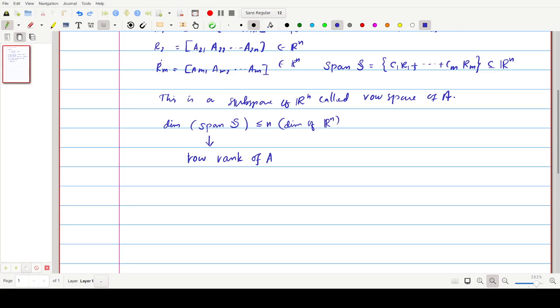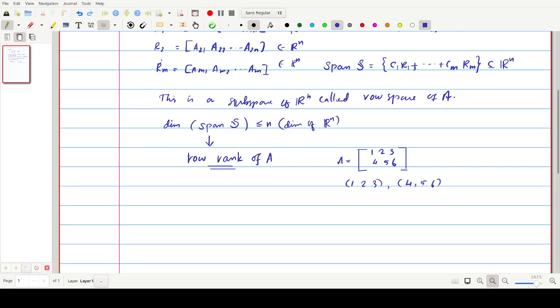Okay, so this is the definition, and we have an example. We consider A equal to the matrix with rows 1, 2, 3 and 4, 5, 6. We consider the two rows 1, 2, 3 and 4, 5, 6.